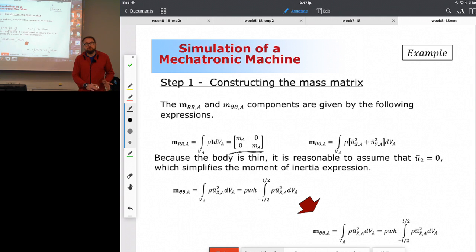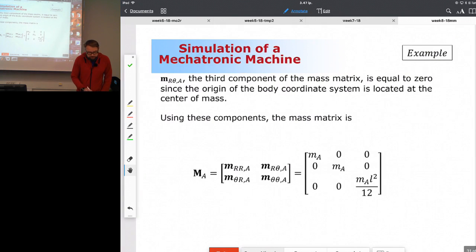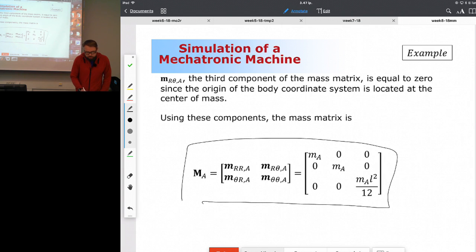That's going to be a 2 by 2 diagonal matrix, where the mass of the body is in the diagonal component. And then another component we need is a mass moment of inertia. You can use pre-calculated tables, or you can do the math by yourself, whatever you want. But eventually you get the mass matrix as it is shown here. It's a 3 by 3 diagonal matrix. The mass of the body is here. This is a mass moment of inertia. Step number 1, done.